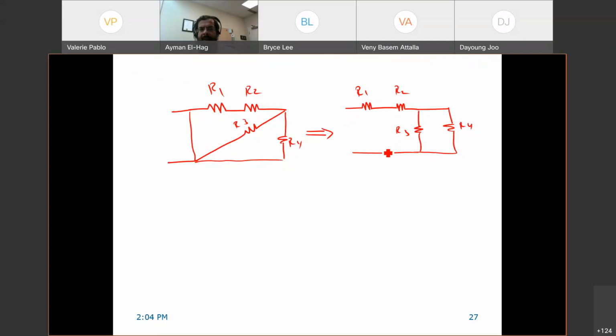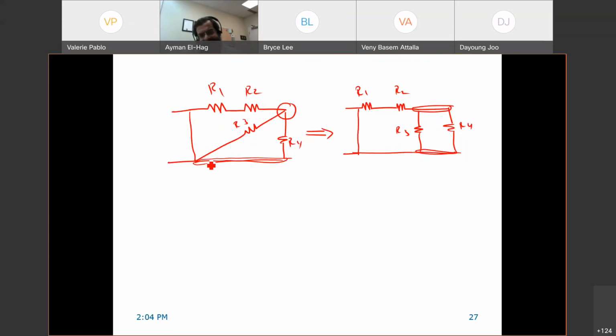If there's a short circuit, it will be a short circuit. This is one node which connects R2, R3, and R4. This is the same node connecting R2, R3, and R4. And the bottom node connects R3 and R4, and the short circuit connected to R1. So these two circuits are exactly the same. Maybe this one is easier for you to visualize.